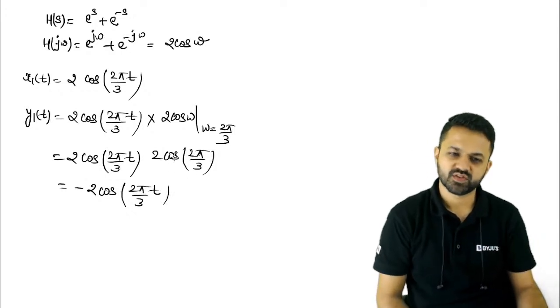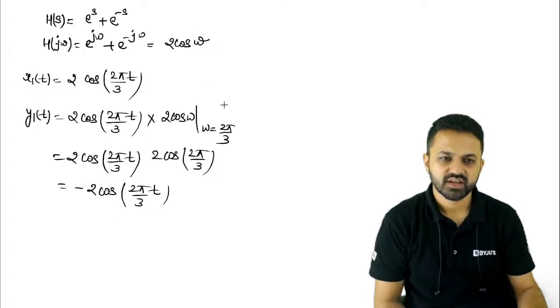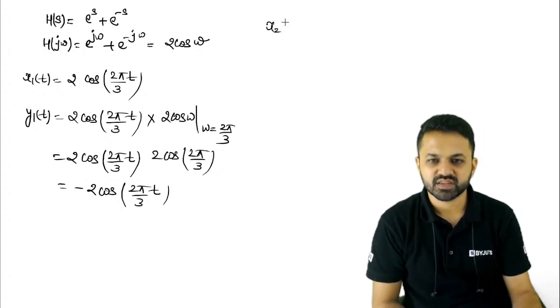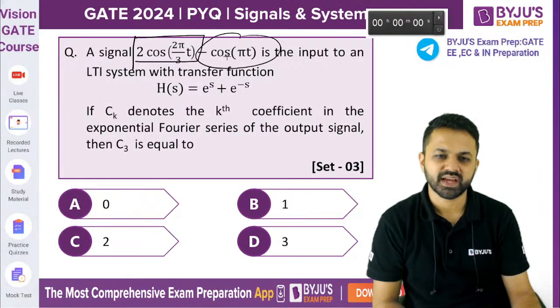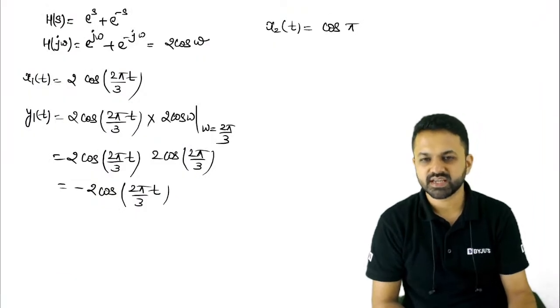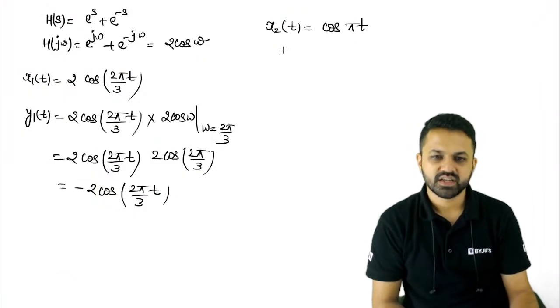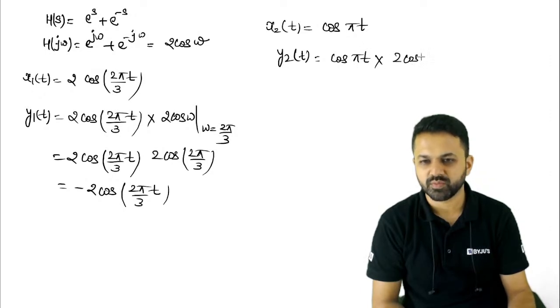Cos 120 is minus 1 by 2, so the 2 and 2 get cancelled, and you get minus. Similarly, you perform this for x2. x2 is minus, with the minus sign already there, so let's take cos pi t. Now y2 of t we can calculate: cos pi t multiplied with H of omega, that is 2 cos omega at omega equal to pi.